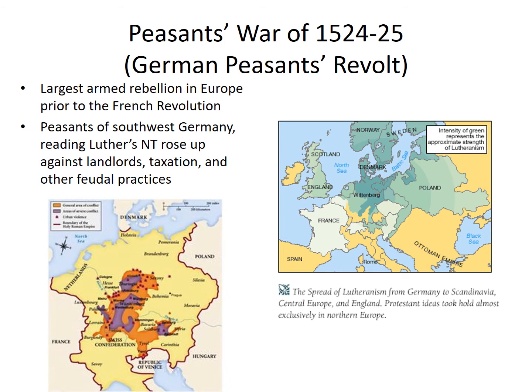And it makes sense because, of course, those German princes that these peasants are revolting against are the ones that are protecting Luther, because he is an outlaw in the eyes of the church and of the Holy Roman Emperor. So he's not going to support a peasant revolt against the people who are protecting him.